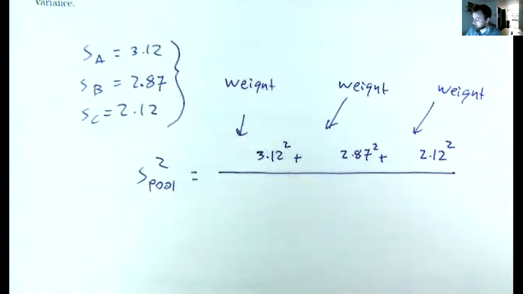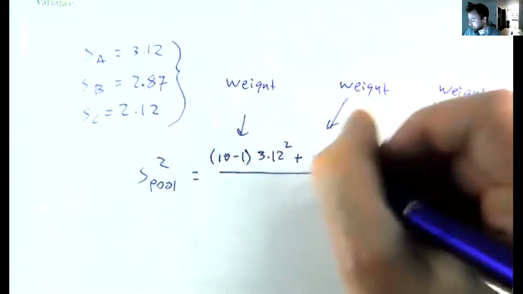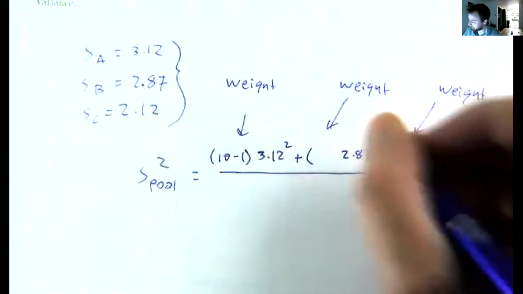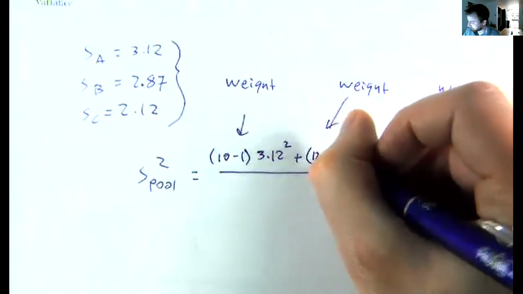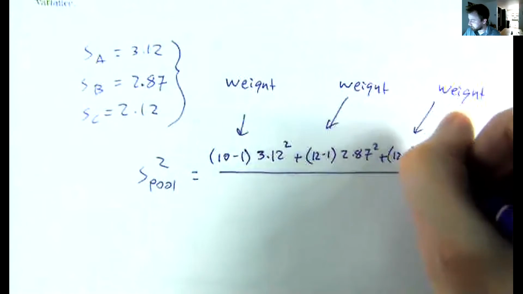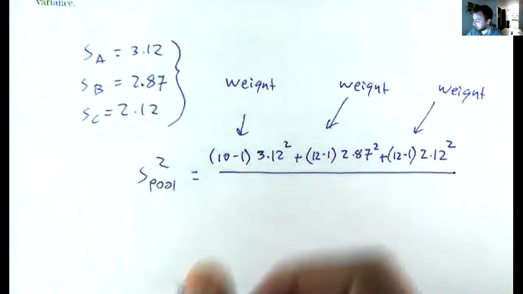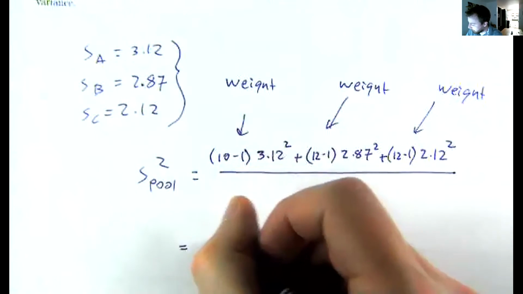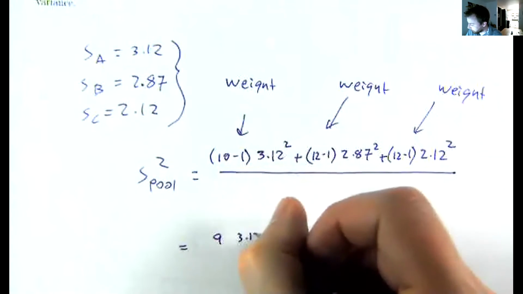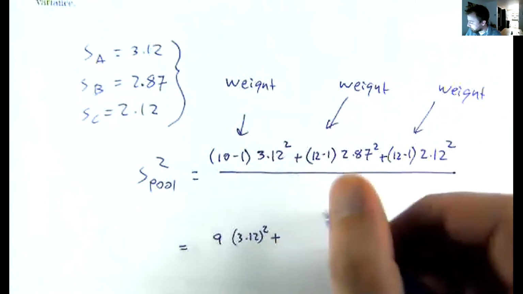In this case, I'm going to weight each of these things by their degree of freedom. And I'm going to see what I get for the top there. So I have 9 as the first degree of freedom times 3.1 squared.